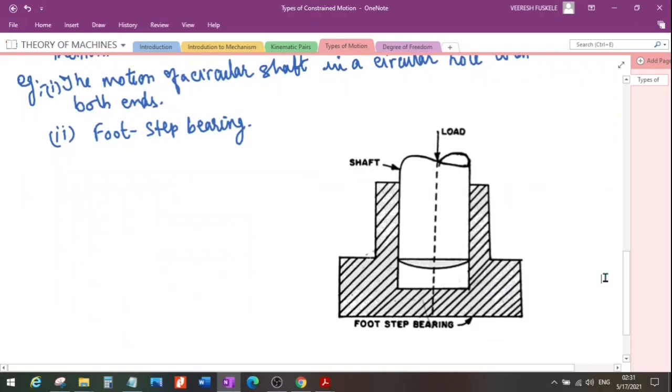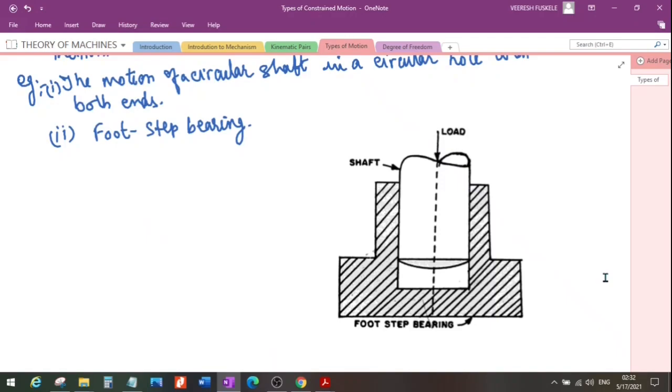Now, in this footstep bearing, the shaft may rotate in the bearing and it may also move upwards. In that case, the motion of the shaft inside the bearing is incompletely constrained motion. But if we apply a load on the shaft, then the shaft cannot have the upward movement.